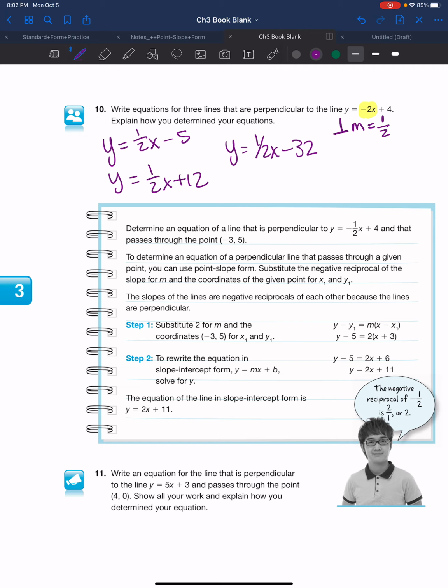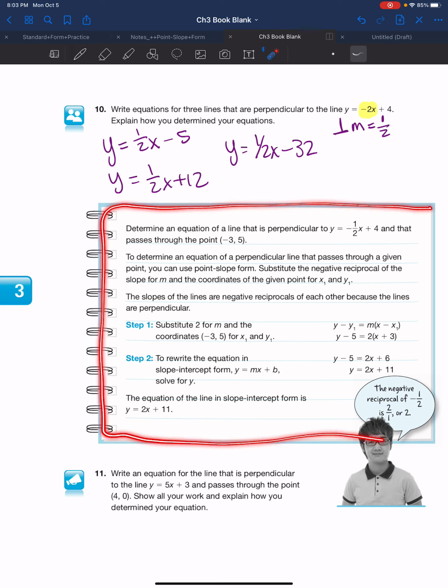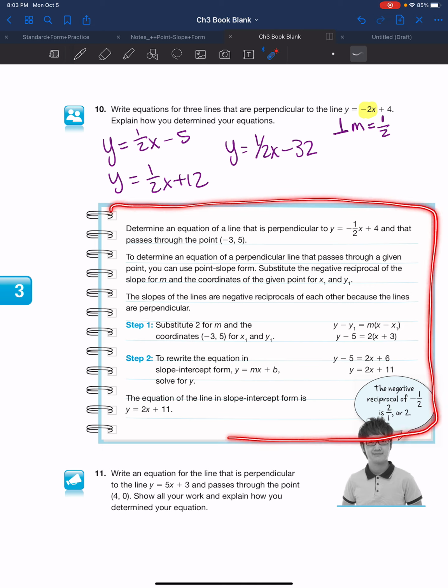To determine an equation of a line that is perpendicular to y equals -1/2 x plus 4, and that passes through the point (-3, 5), they walk you through those steps in this little notebook section again. It's really similar to the last one we just did. The only difference is we have to make sure we use that perpendicular slope.